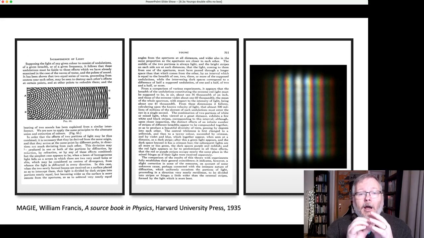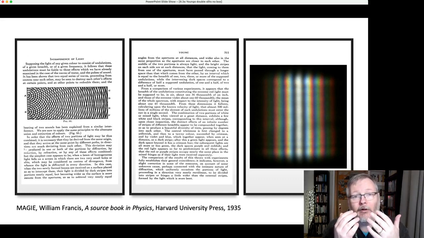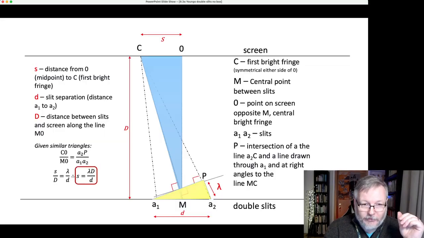So the light bands correspond where there is 0 or 1, 2 or 3 wavelengths, which, as we described at the time, means that there is no phase shift, whereas the dark bands have a half or 1.5 or 2.5 wavelengths. So there is a phase shift of pi radians or 180 degrees, which means you get destructive interference. So the light bands are where you have constructive interference, and the dark bands where you have destructive interference.